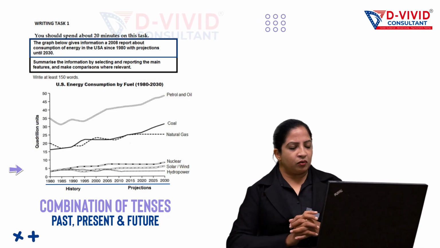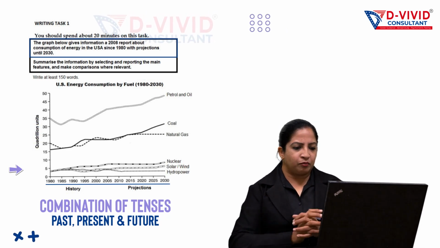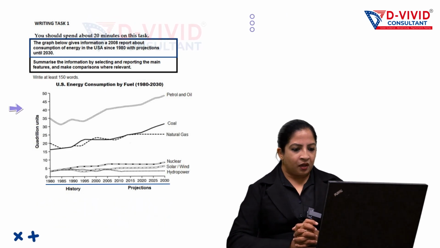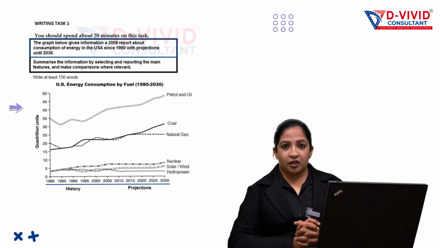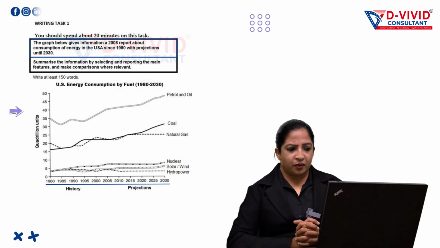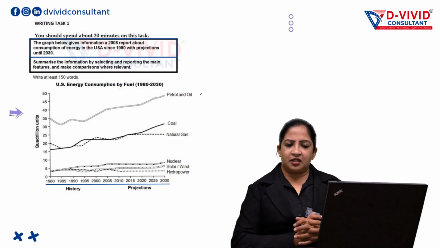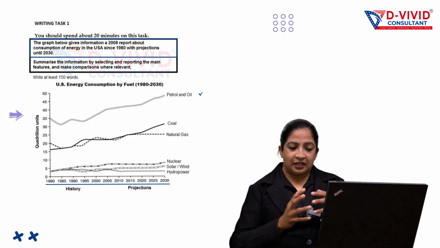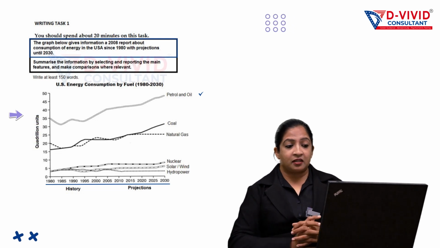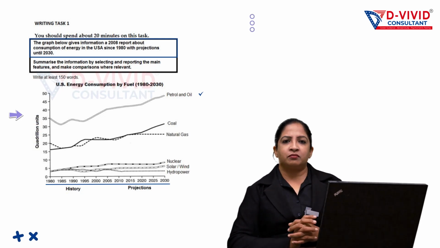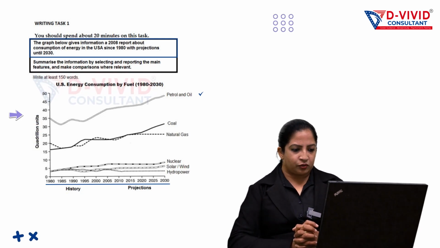Okay. Now what next? If I see the movements of the lines, how are they moving? There is fluctuation, but do you think they are majorly fluctuating? If I see the first line, that is petrol and oil, there is fluctuation. In the initial stage, yes, there is a little more than a normal fluctuation, but then there is, I can say, negligible fluctuation.